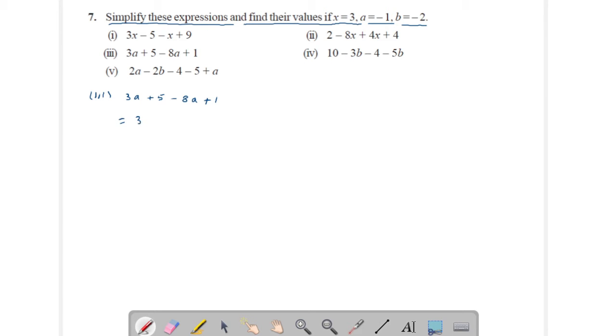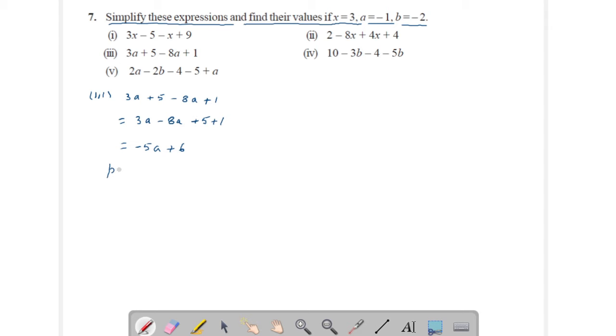You will get 3a minus 8a plus 5 plus 1. Solve this. 3 minus 8, it is minus 5, minus 5a plus 5 plus 1, it is 6.